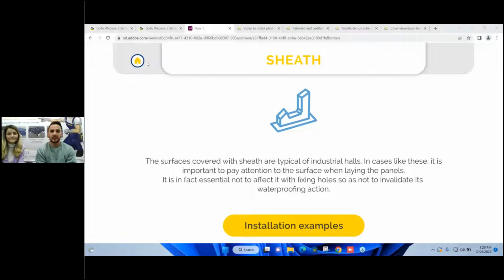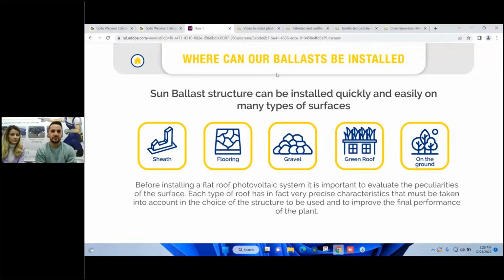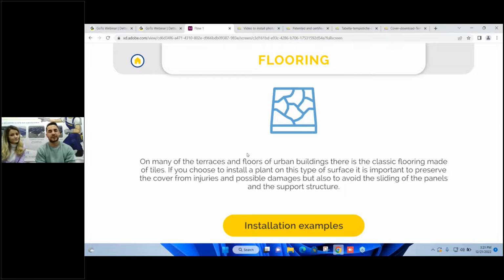We can move to the second type of roof that we have mostly been facing during our work at Sun Ballast: the flooring type. Different typologies can be used. We say flooring, but there are different materials you can cover your roof with. It can be tiles, different types of housing tiles.